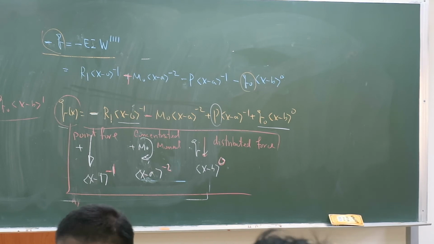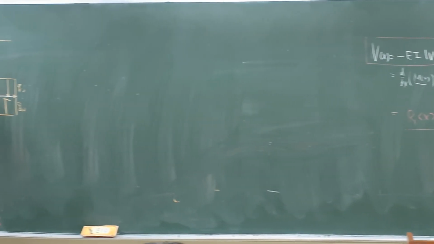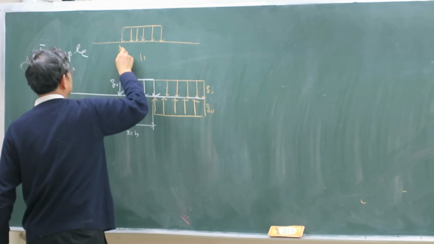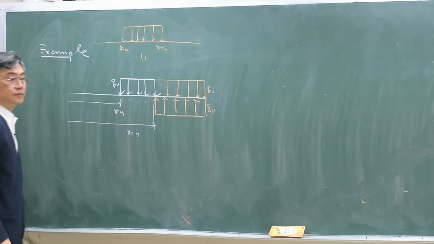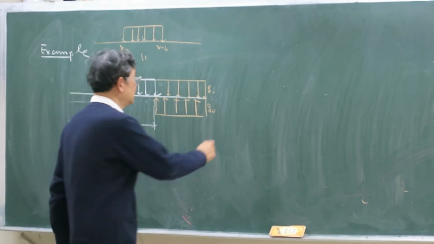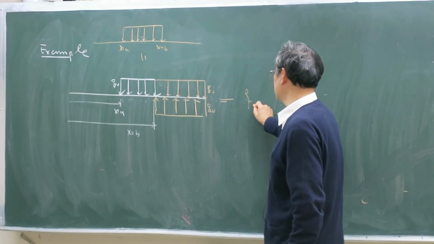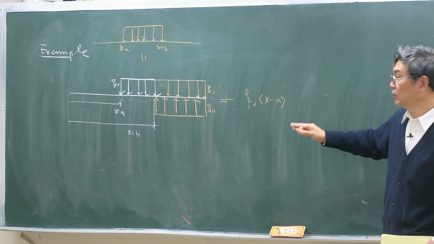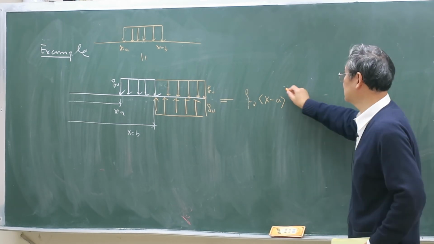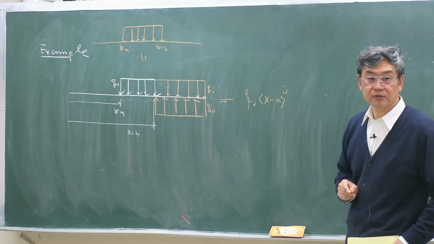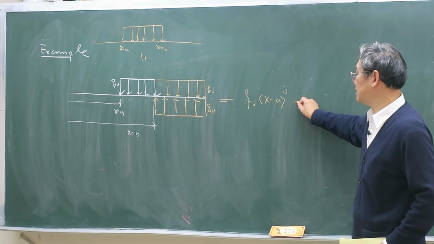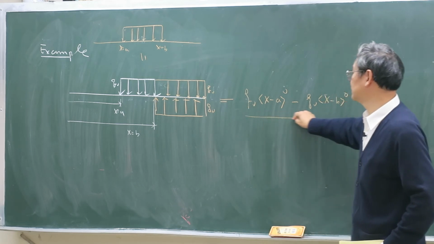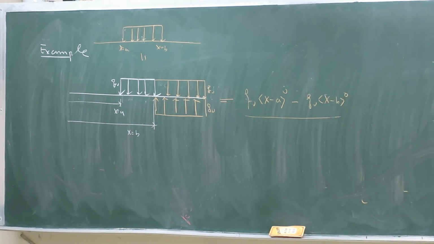All right? For this discontinuous loading, okay, then this one you can write as Q0 ⟨x−a⟩^0. ⟨x−a⟩ for Q loading is 0. Right? And subtract Q0 ⟨x−b⟩^0. Okay?